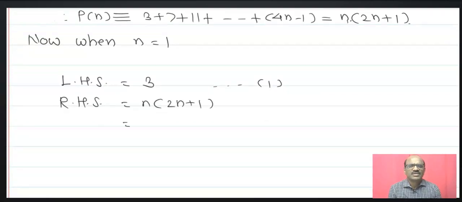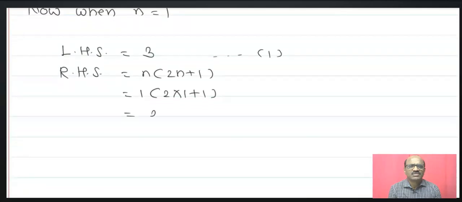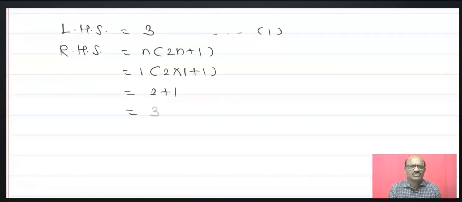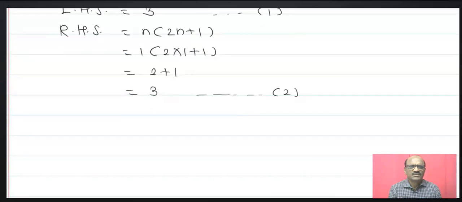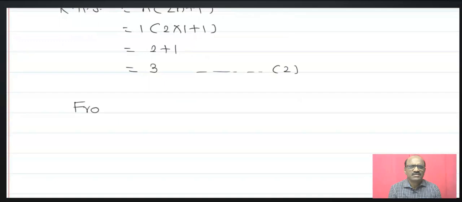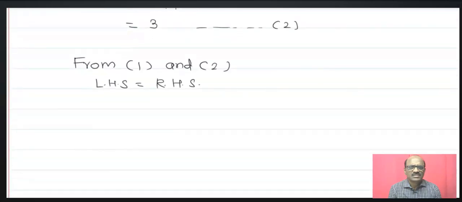N in bracket 2n plus 1, that is 1 in bracket 2 into 1 plus 1, that is 2 plus 1, that is equal to 3. This is number 2. And therefore from 1 and 2, LHS is equal to RHS.